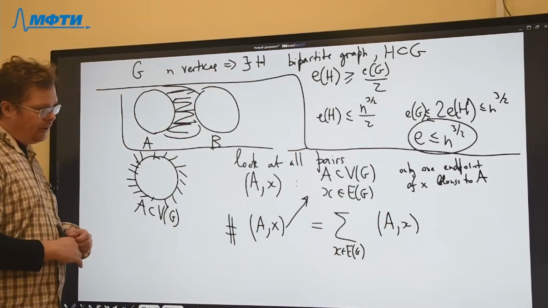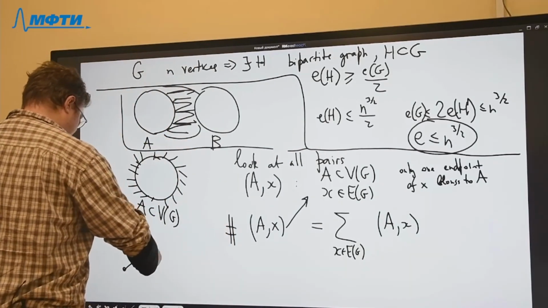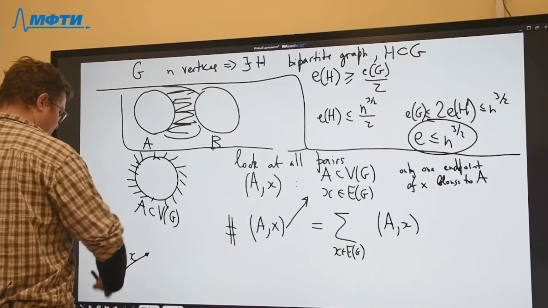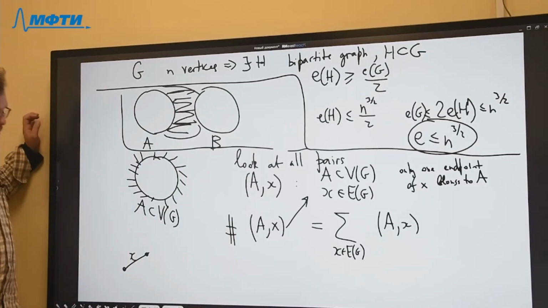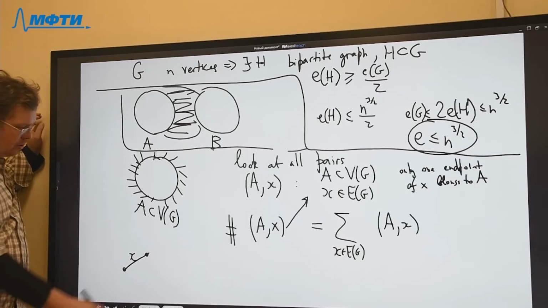If we fix the edge X, how many subsets A of vertices can we take such that only one endpoint of X belongs to A?